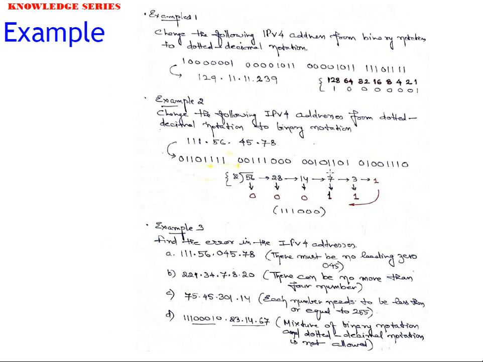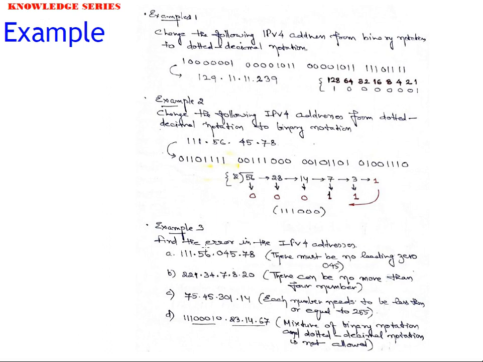Easily divisible, 0. When it is not divisible by 2, the remainder is 1. The final quotient is 1. Here you read from the bottom up, that is, from right to left. So it is 111000 plus 2 more zeros as MSBs, as shown over here. This is how the dotted decimal to binary representation is done.